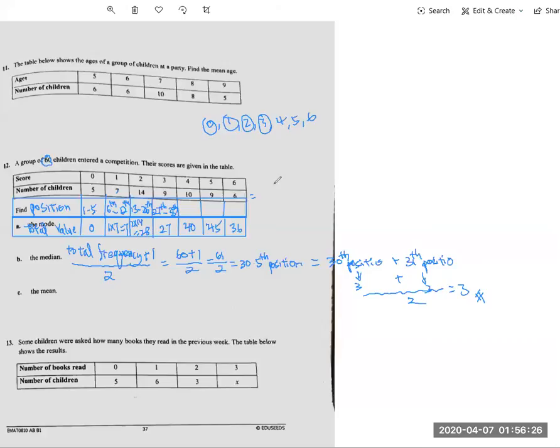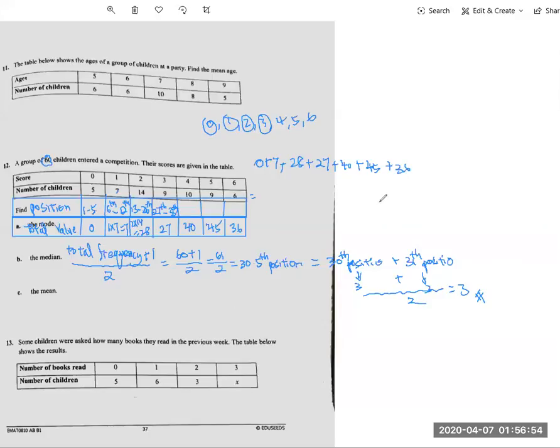Now, we're going to take 0 plus 7 plus 28 plus 27 plus 40 plus 45 plus 36.